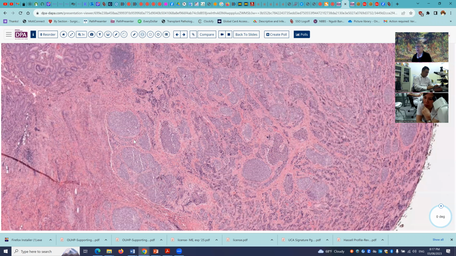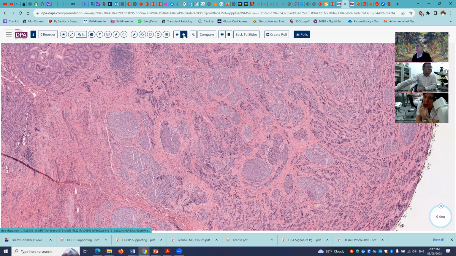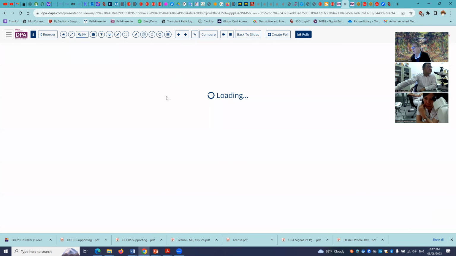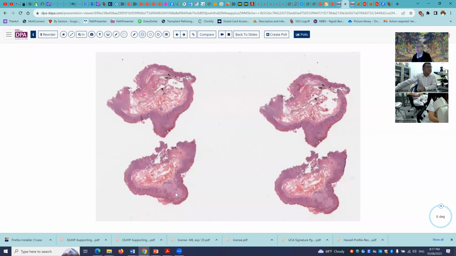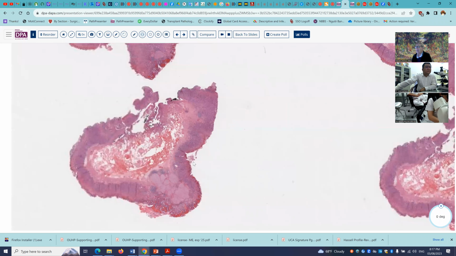Because metastasis is very difficult, so identifying them and we can follow up appropriately over time is valuable. Let's see, we got one more here. Here's one from the stomach.